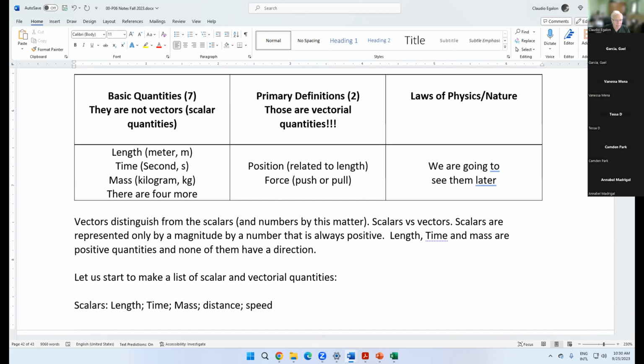And then we have the vectorial quantities. I already told you that position is a vector, and force also is a vector. They all require a definition in terms of direction, right?